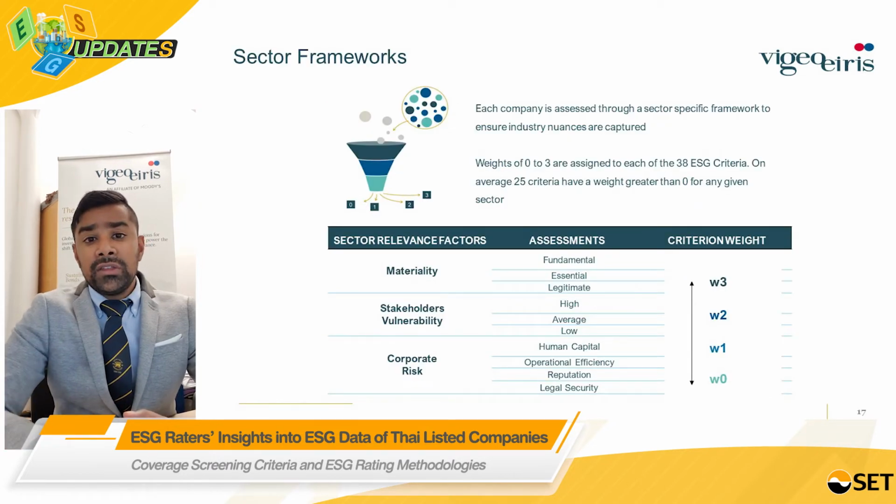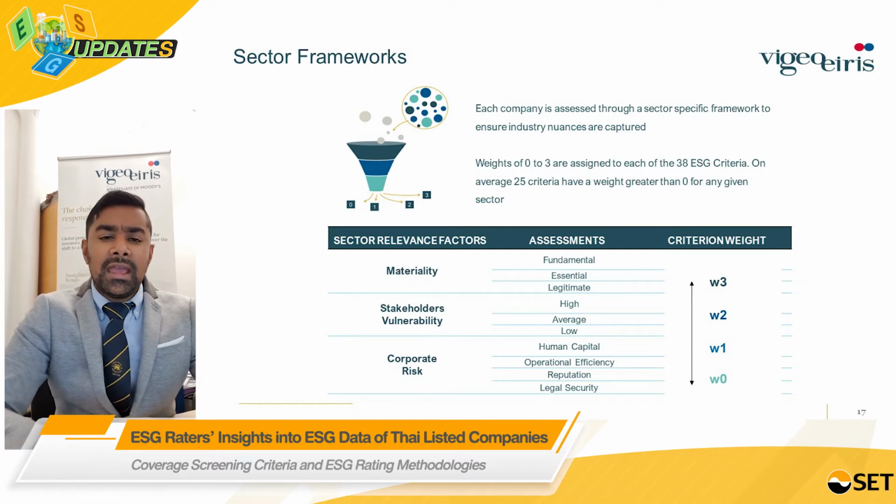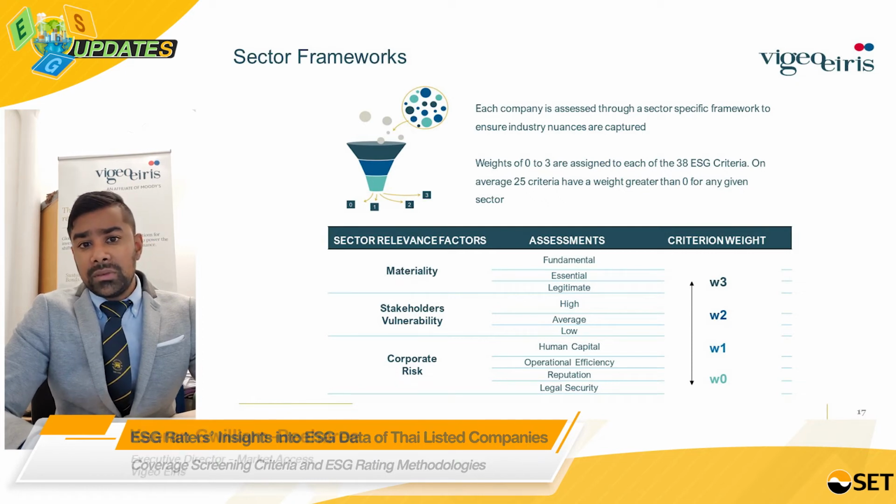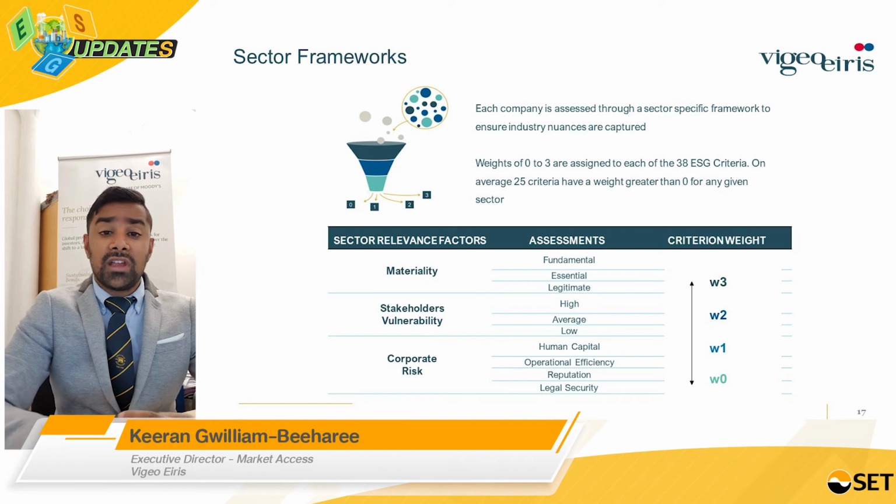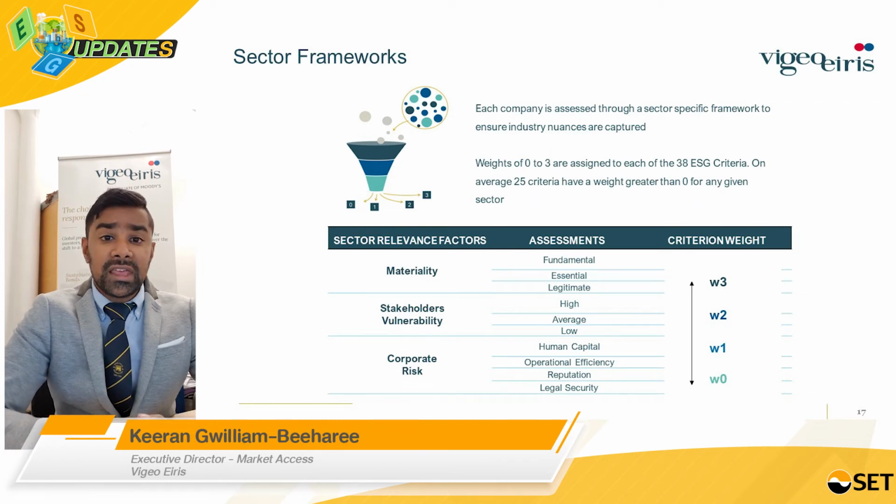I mentioned earlier this concept of sector materiality, and obviously these ESG criteria won't be assessed for every single company. It wouldn't make sense. And so in determining whether or not a criterion is material, we look at two factors. And we look at the materiality to the company. What are the risks that it might face if it fails to manage this issue?